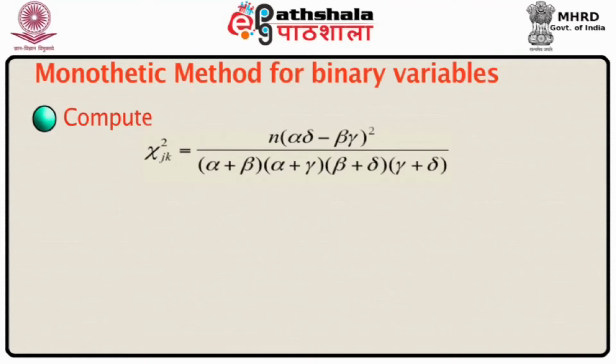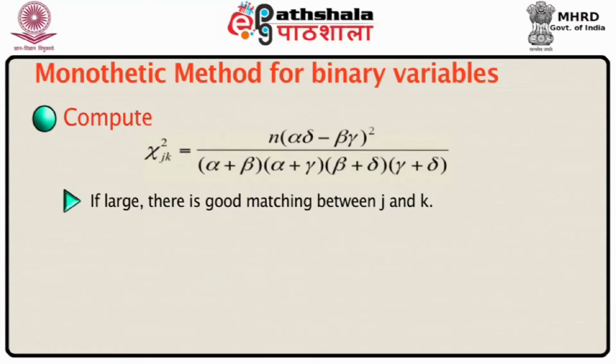So if we have both, we have a matching, or if we have neither, we also have a matching. On the other hand, beta and gamma give us the non-matches. And we get this chi j k square value. If we have a large value of this, then we say that there is good matching between j and k.